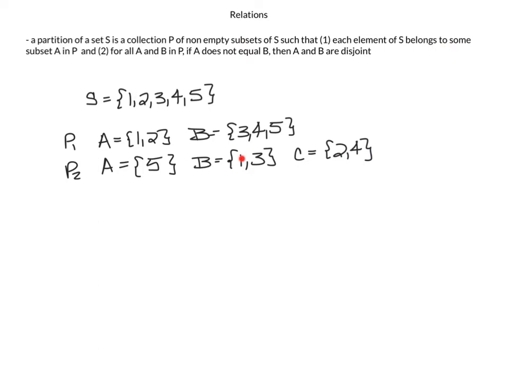So 1 belongs to B, 2 belongs to C, 3 belongs to B, 4 belongs to C, and 5 belongs to A. So everything is accounted for, and each of these subsets is disjoint from the others. If we look at how this partitions the set, I could draw it like this. A is here, and then B is my next part, and then C is my next part. So we kind of separate out our set.